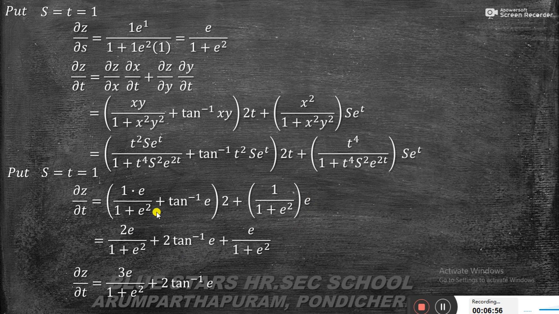So the next step, I multiply the 2 in the factor: 2e/(1 + e²) + 2 tan⁻¹(e) + e/(1 + e²). Therefore ∂z/∂t = 2e/(1 + e²) + e/(1 + e²), so 3e/(1 + e²) + 2 tan⁻¹(e). This is the answer for ∂z/∂t at the point s = t = 1.